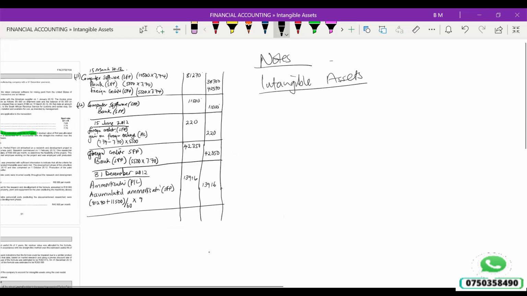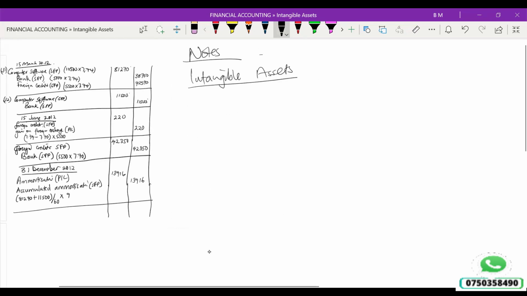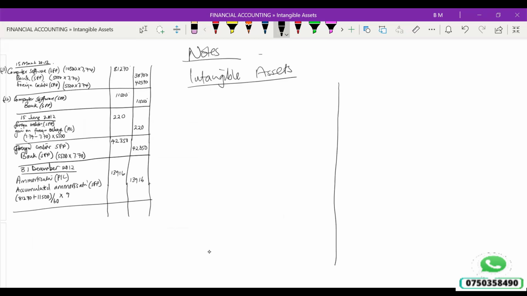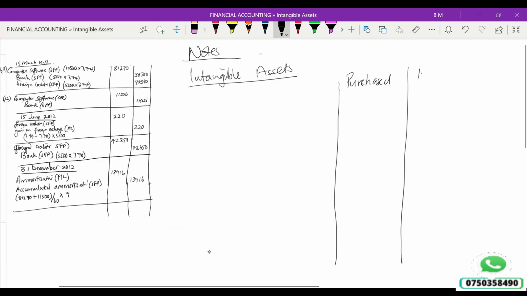On my intangible assets, I'm going to have 2 columns. One is for purchased. The other one is for internally generated.